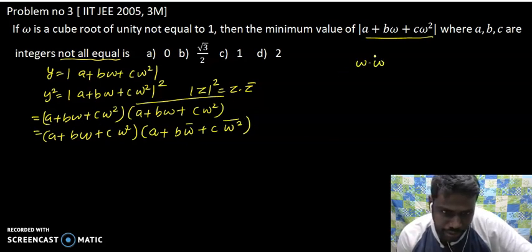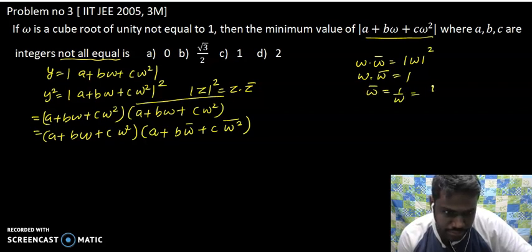We have omega into omega conjugate equal to modulus of omega squared, and modulus of omega is 1, since omega is a cube root of unity. So omega into omega conjugate is equal to 1, so omega conjugate is equal to 1 by omega, and multiplying by omega squared, we get omega squared by omega cube.